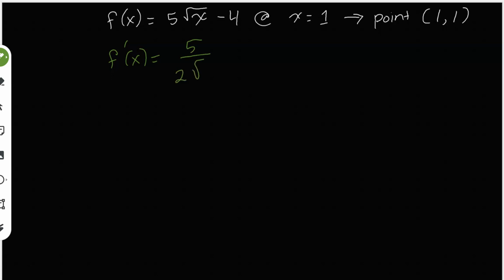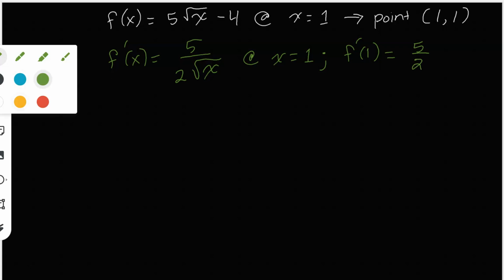And we are looking at the point x equal to 1, which we did some math and say really we're looking at the point 1, 1, because when x is 1, y is 1. From there, we calculated the derivative. The derivative is 5 divided by 2 square root of x. So when x is 1, then the derivative evaluated at 1 is 5 over 2 square root of 1, which is just 5 over 2.